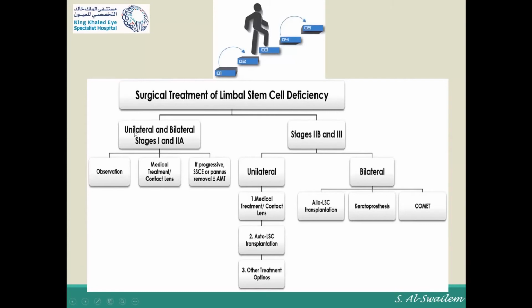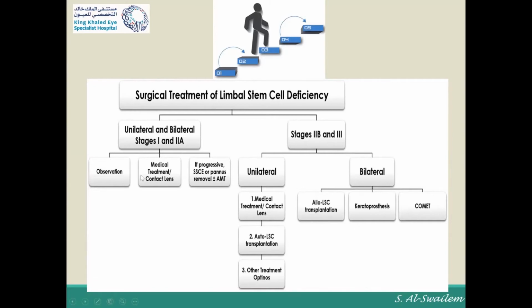Unilateral means in one eye, bilateral means both eyes. Mild bilateral means localized only to the periphery. But advanced bilateral means it also affects the center of the eye, and then we will have a different way of surgery.